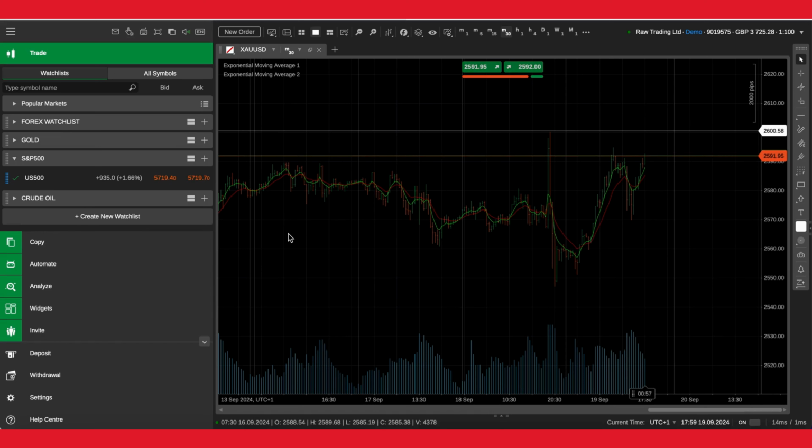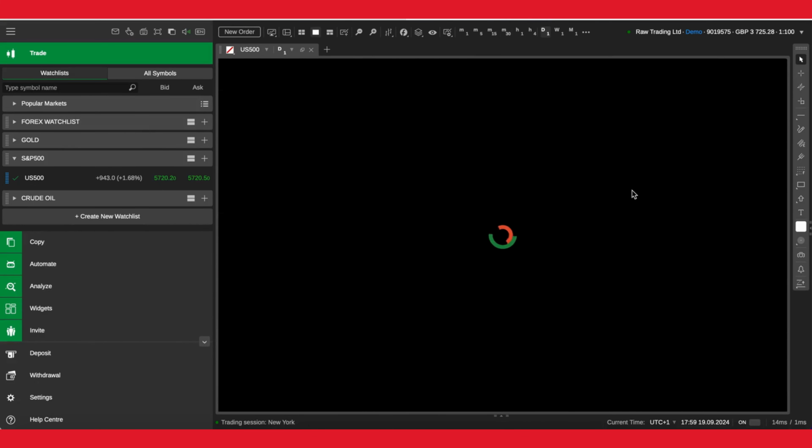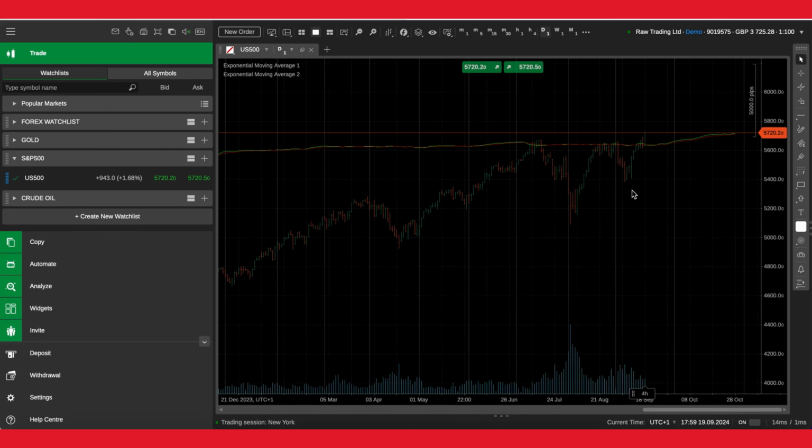Another great correlation that I can show you is the S&P 500, also known as the US 500. Let's take a look at that. I'm going to switch over to a daily chart there, and as you can see, we've got that steady uptrend. We've then got quite a choppy downtrend take place, and what I would describe as the wonky W. If you read charts a lot, you'll be familiar with such patterns.